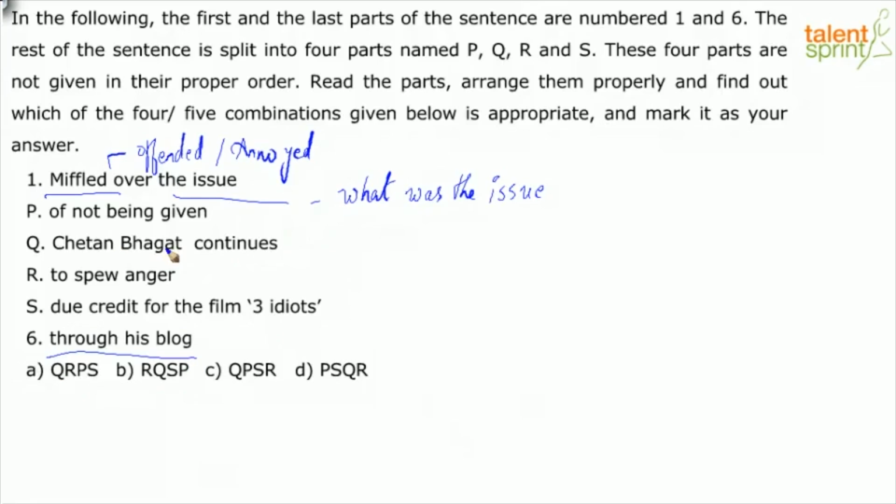Chetan Bhagat continues to spew anger. So another hint word for you is this person is continuing to vent out his anger, right? To spew anger means what? He's venting. And what medium is he using? What is the medium that he is using to do this?